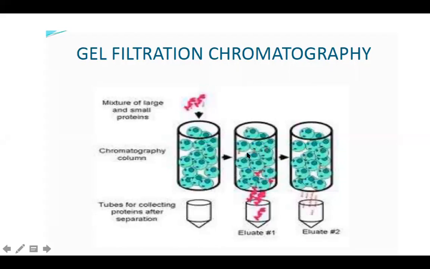Different eluents come out depending on the molecular weight as well as their size and shape, because protein has size, shape, and three-dimensional structure. So the gel is used to separate different proteins through this chromatography.